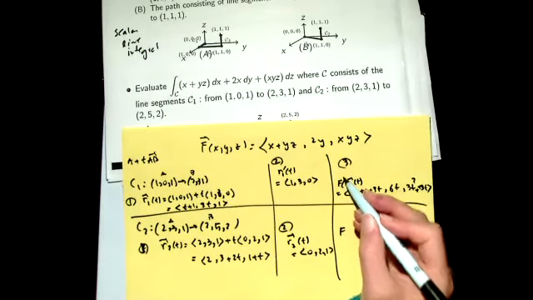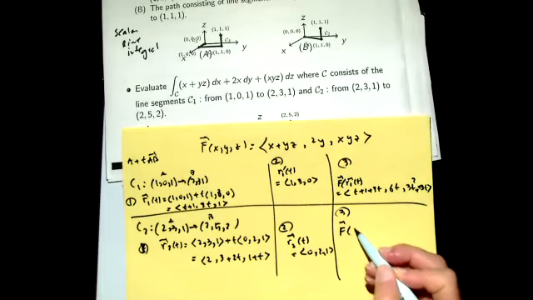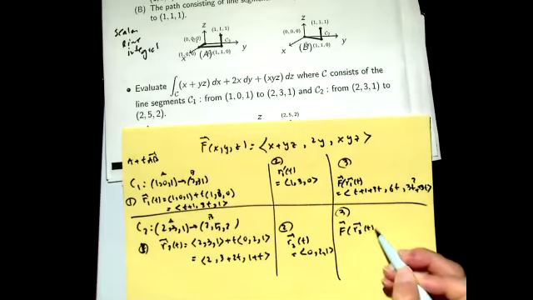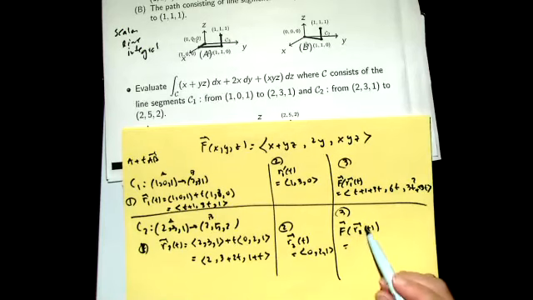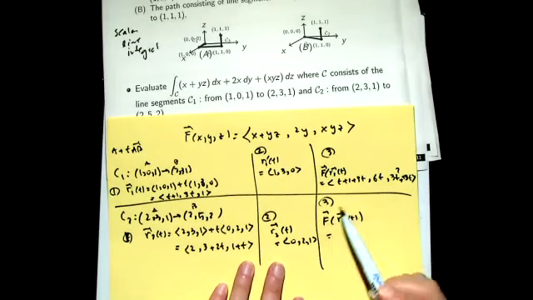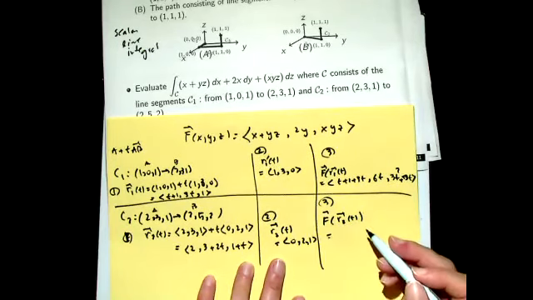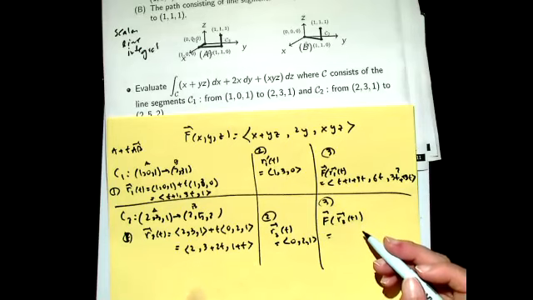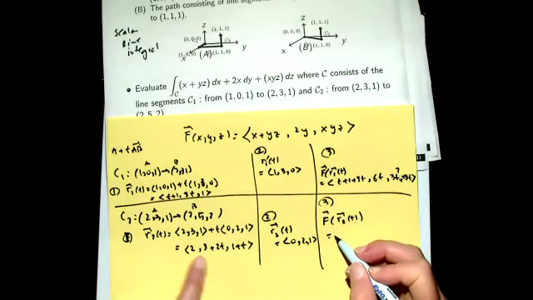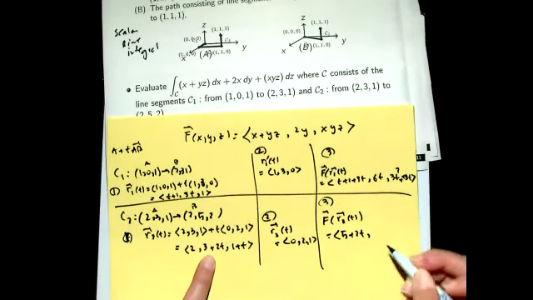Then step 3 is F of R2 of T equal to, now there is X plus YZ, here X over here plus YZ, 5 plus 2T.